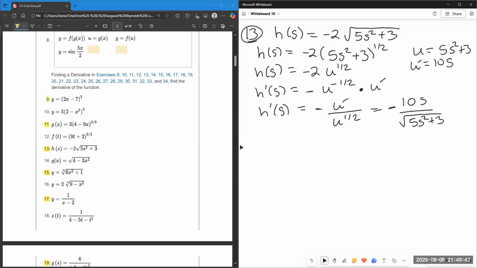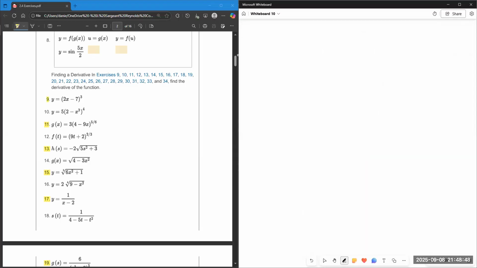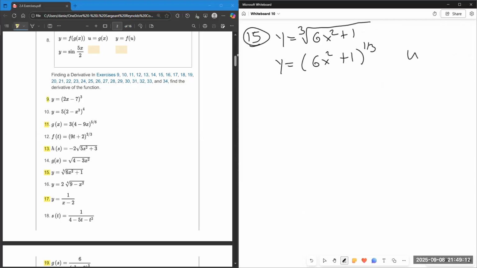All right, let's look now at number 15. It says y equals the cube root of 6x squared plus 1, which means y is the quantity 6x squared plus 1 raised to the 1/3 power. u is 6x squared plus 1. u prime is 12x. y is u to the 1/3 power.